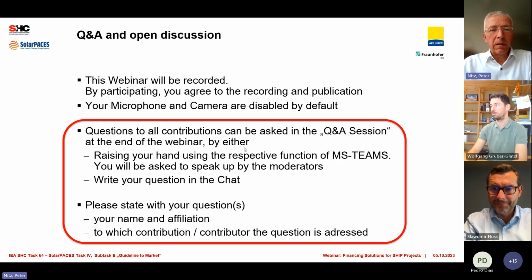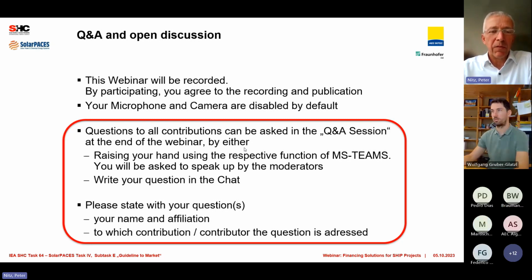Maybe I can add some aspects from the SHIP community. So I think what we really need from EU policies is that we try to keep the pressure, or to put it more positively, the momentum in the end user sectors to really look for renewable solutions.